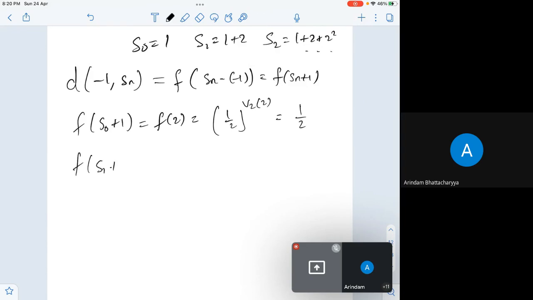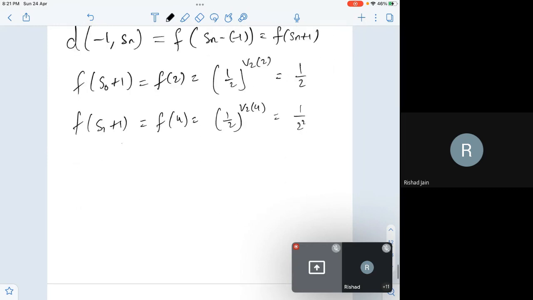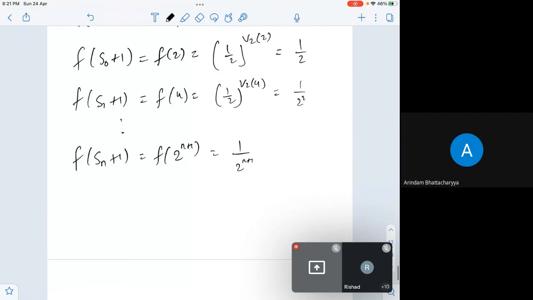What's f of S1 plus 1? f of 4, which is 1 by 4. Now, what do you think? 1 by 2 to the power of n, right? And this definitely goes to 0.